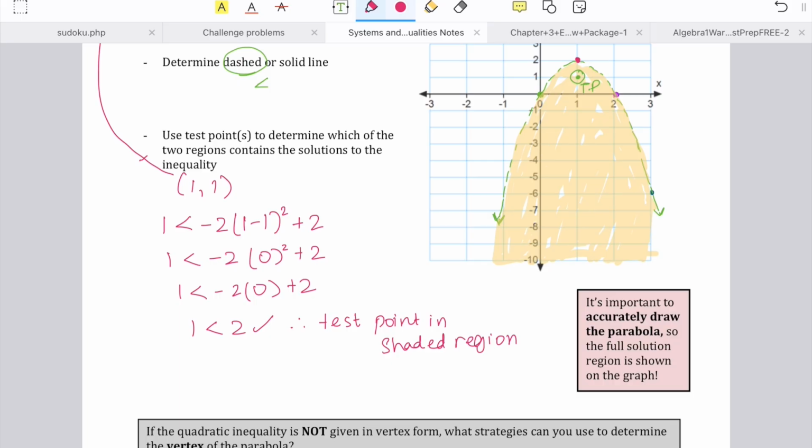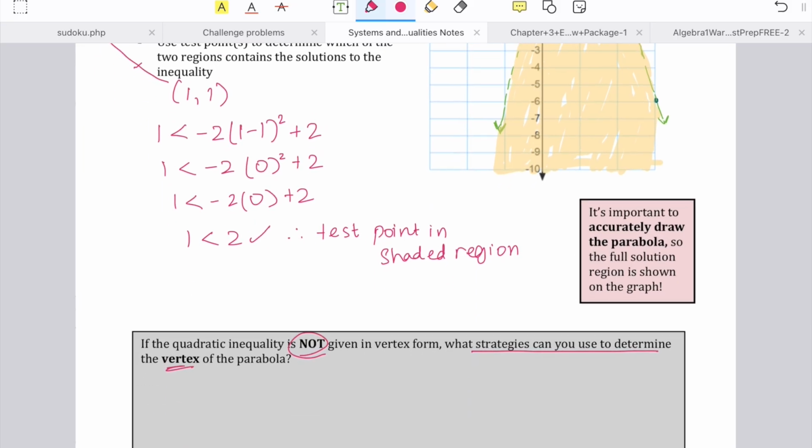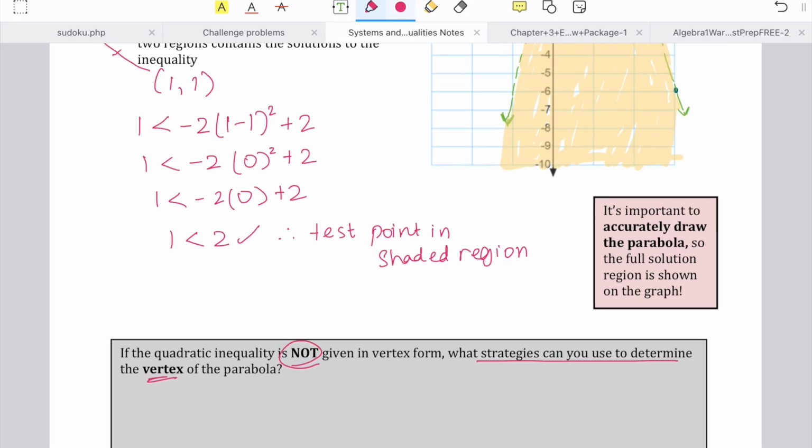Okay, let's say the quadratic inequality is not given in vertex form. What strategies can you use to find the vertex? How can you find the vertex if the equation is not in its vertex form? Turn it into vertex form? Change it how? Divide by 2, then you square it, and then you add that number and then subtract the number on the outside of the bracket.